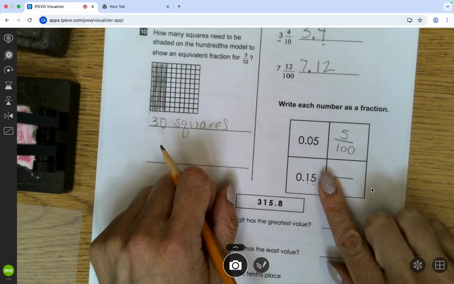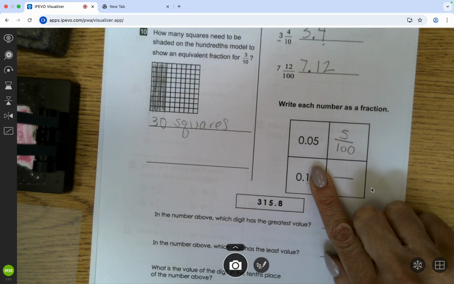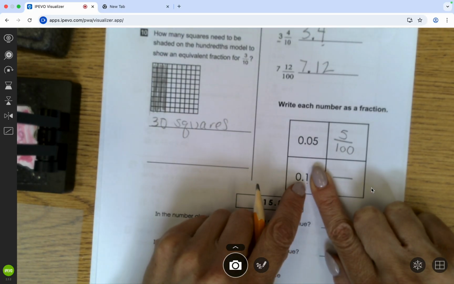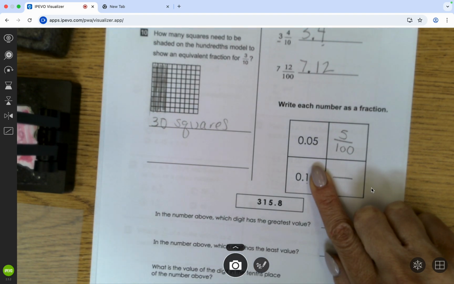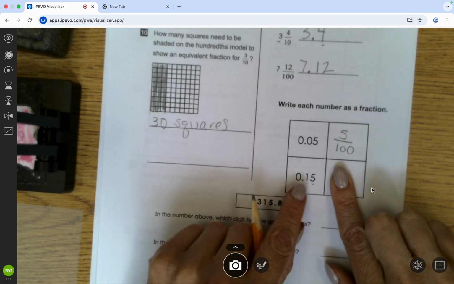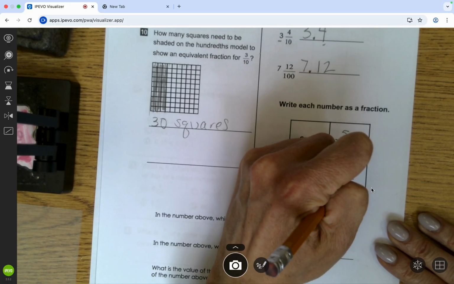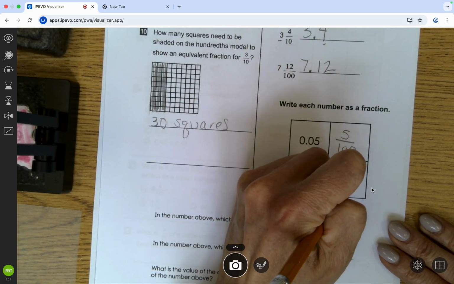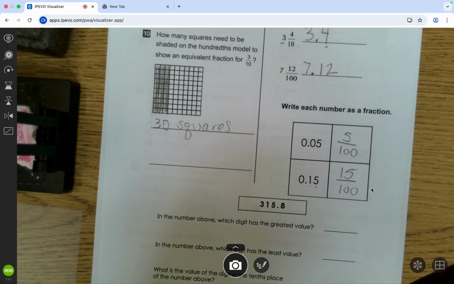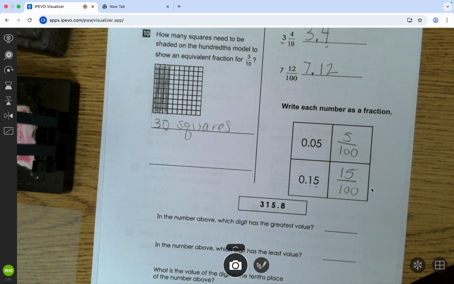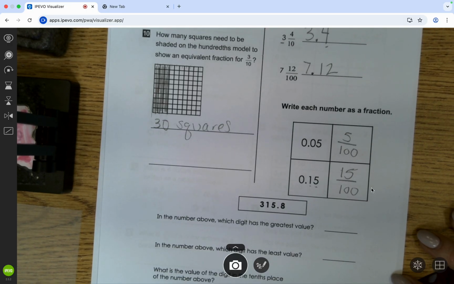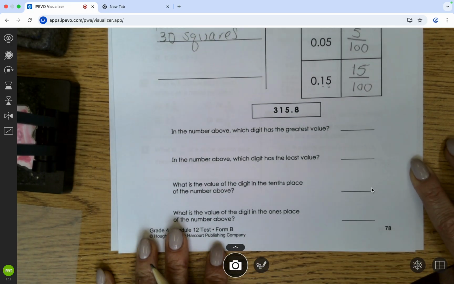If the 5 was covered up, it would just be 1/10, okay? But here, 15 hundredths. So we're going to put a 15 in the numerator and a 100 in the denominator. Voila. Okay. Now, let's go on up to our final part.